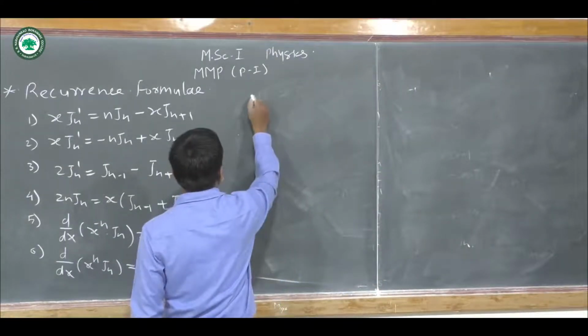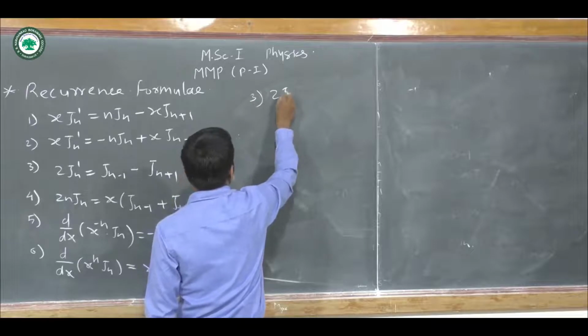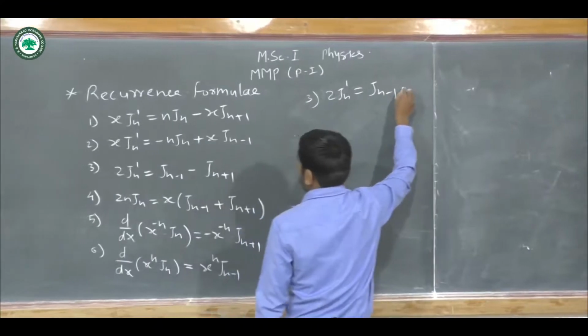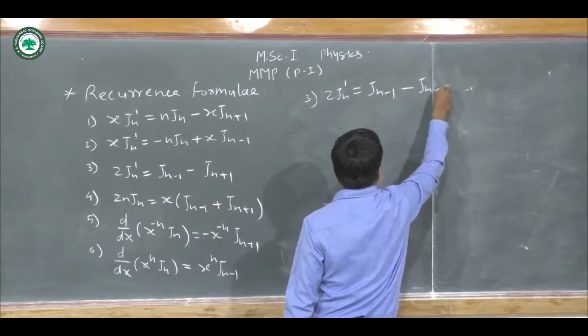Now the third one, that is 2Jn prime is equal to Jn minus 1 minus Jn plus 1.